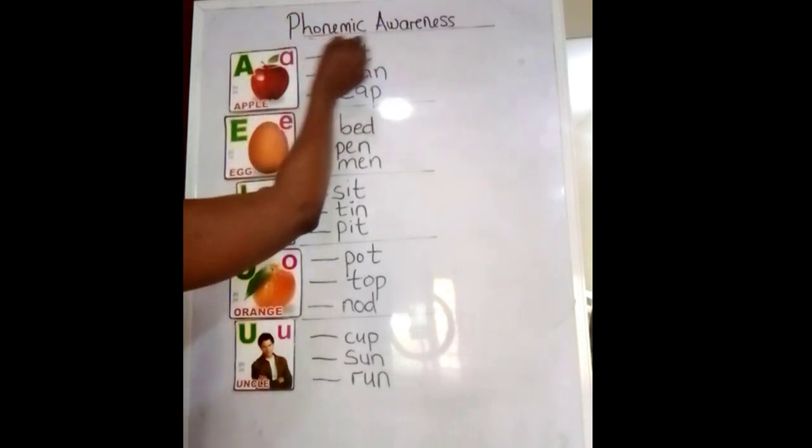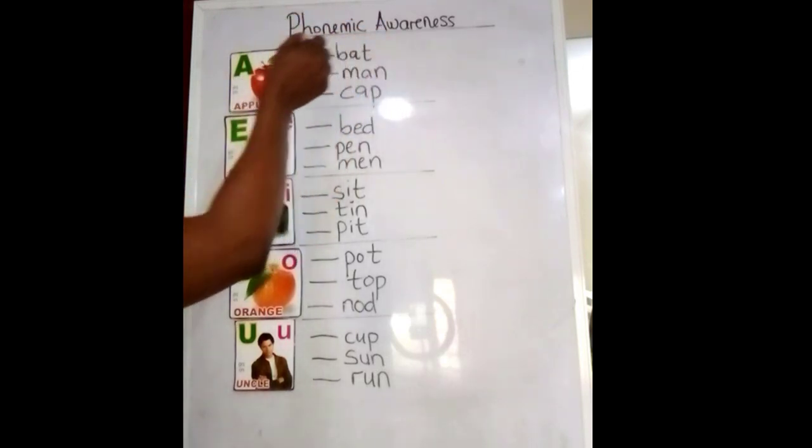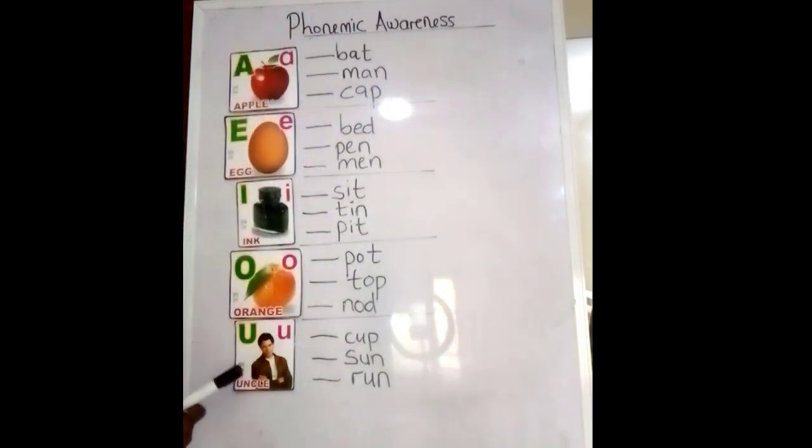Now, please, let's quickly mention that the sounds we're considering right now are the vowel sounds. They are the sounds made by the vowel letters in the English language alphabet. We're considering their sounds in words.